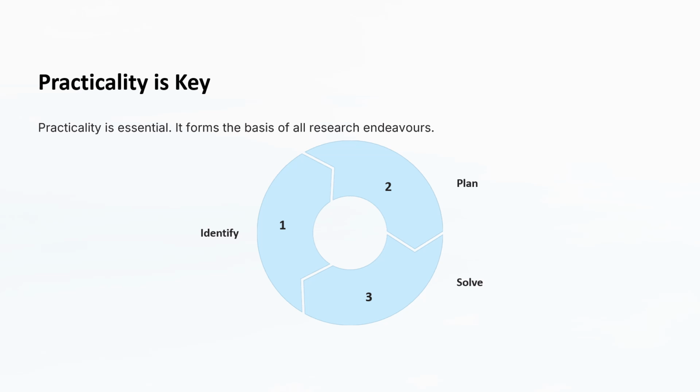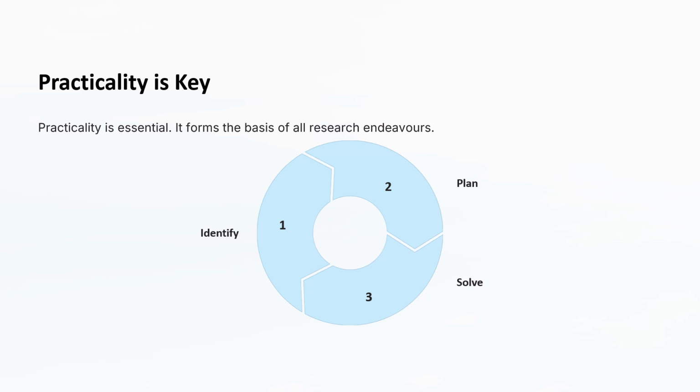Thank you, Dr. Luken. Yeah, the practicality of the research problem statement. Why is it important? Practicality means, is it implementable? Is it going to be actualized? How feasible is it? Is it viable?